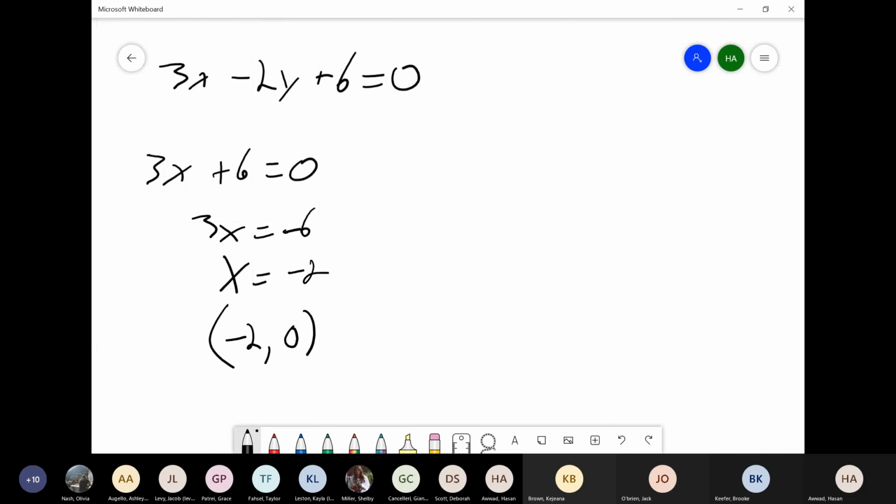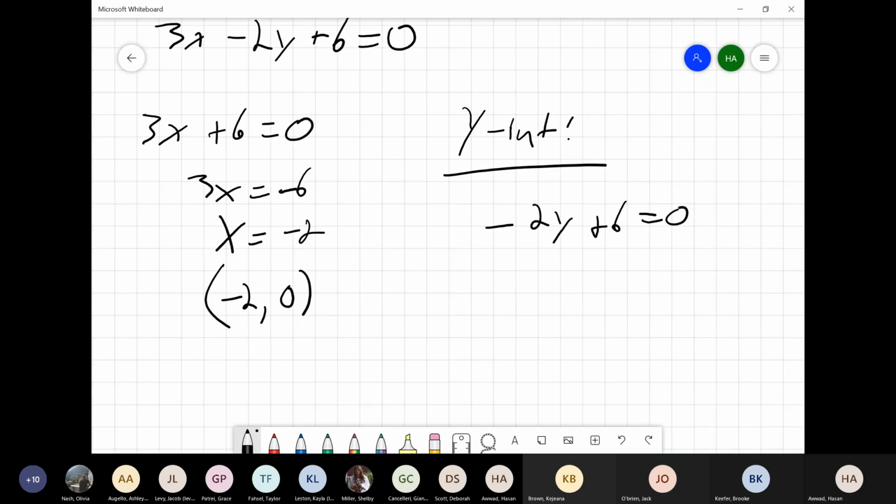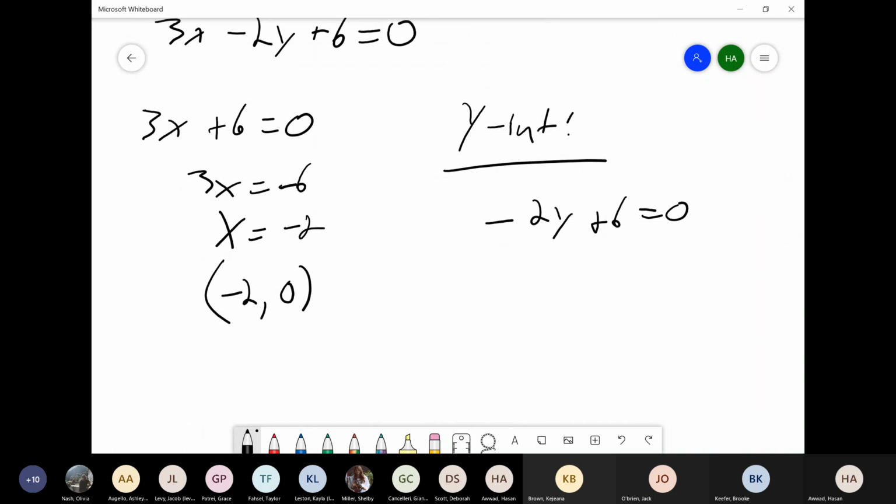Similarly, when we're doing the y-intercept, we're going to set x equal to 0. So this piece that I'm circling, that 3x, is just going to drop out, because 3 times 0 is just 0. What we're left with is negative 2y plus 6 is equal to 0. Once again, we're going to solve. We'll move that 6 over, and we have negative 2y is equal to negative 6.